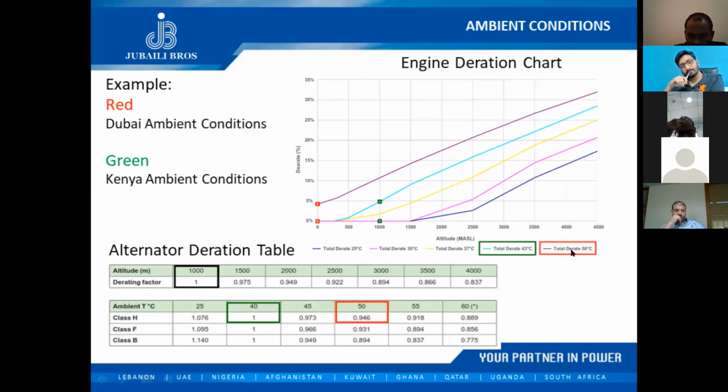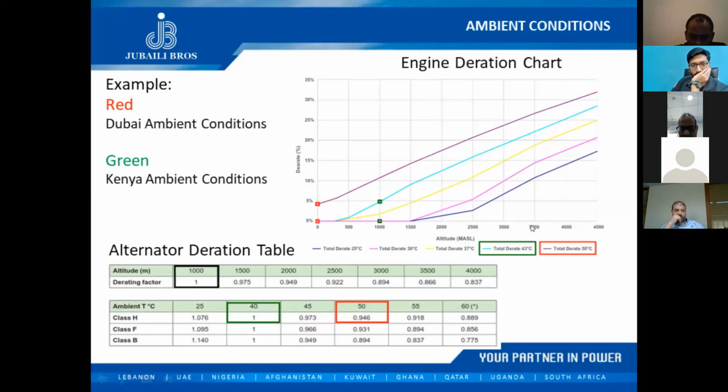Okay, so to figure out how much my engine output derates, I'll have to look at this dark purple line on the derating chart, which is this one. Okay, so this line resembles 50 degrees Celsius. Our altitude in Dubai is 0 meters above sea level.